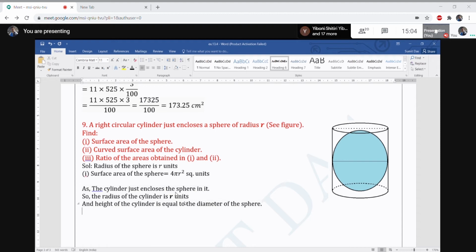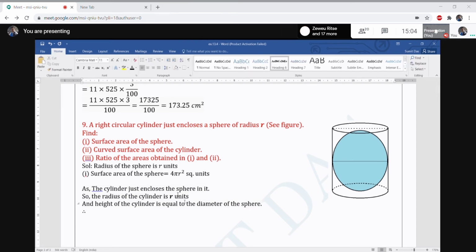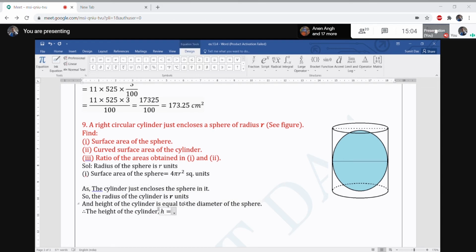So therefore the height of the cylinder h equal to 2r.